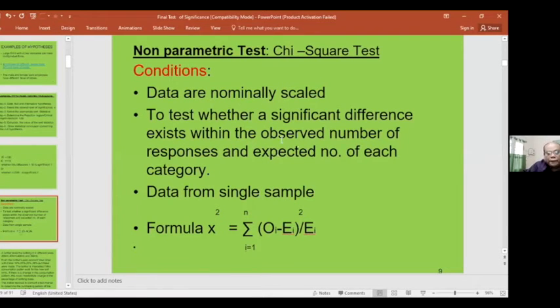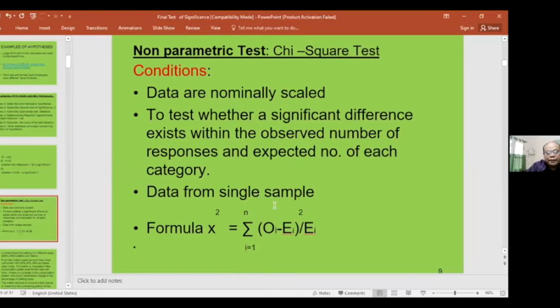If you look at the formula, O minus E: if there is any difference, whether this difference between observed and expected is significant. We are testing (O minus E) squared divided by E. In reality, we are checking whether the difference between the observed value and the expected value is significant or not.